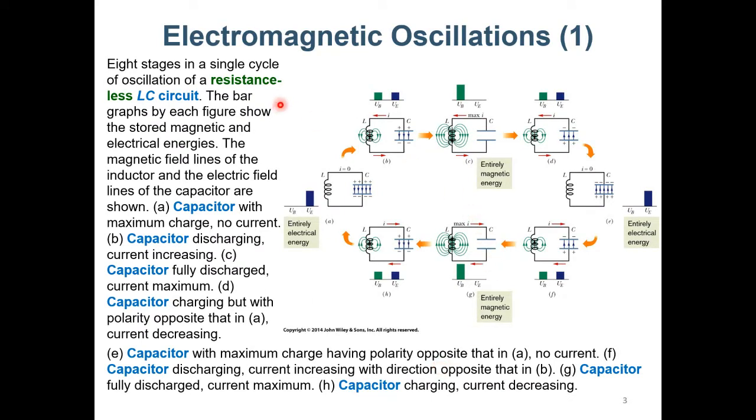So for the electromagnetic oscillation, well, it looks like lots of content, but basically there are eight processes. Without loss of generality, we can start at this case.